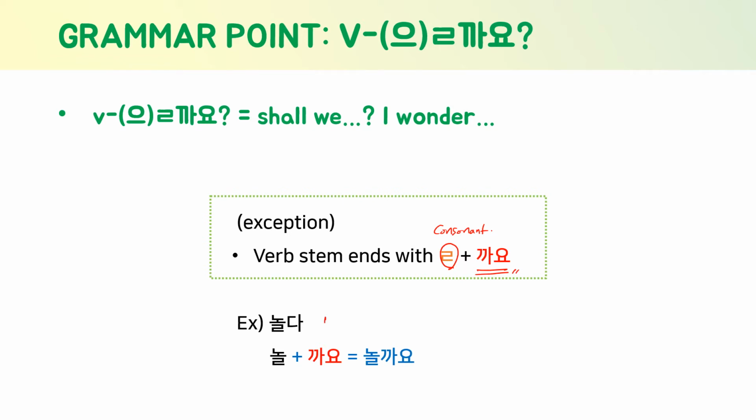Here, the verb 놀다, which means to play. 놀다. So you drop 다, and this is the stem. The stem ends with a consonant, but not the other consonants, the consonant ㄹ. So in this case, you add 까요. So it becomes 놀까요.